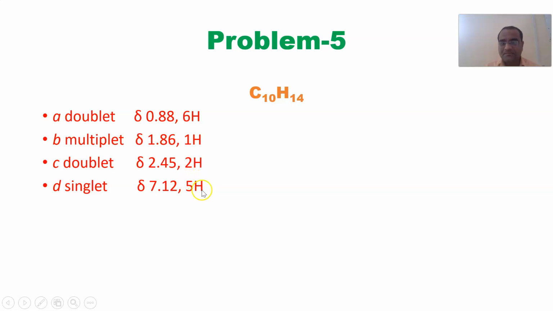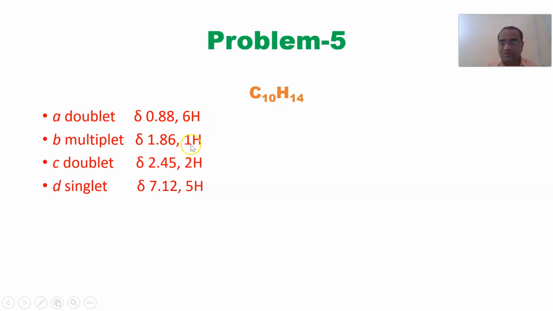It means that it has been substituted at one position. And earlier we have seen such an example having 6H. It means that the minimum number of carbons involved here is 2, right?